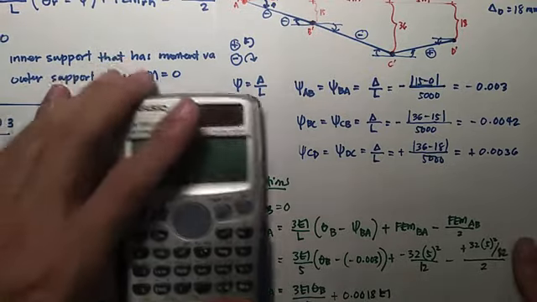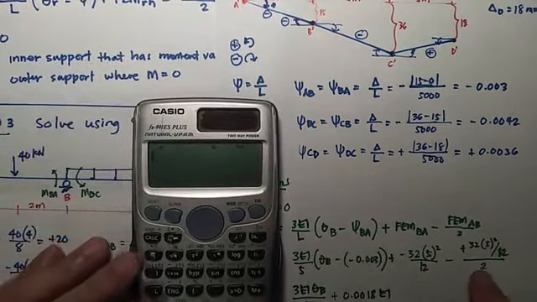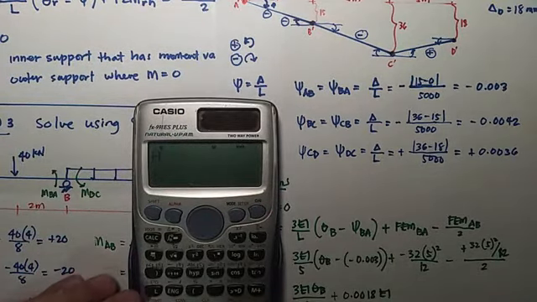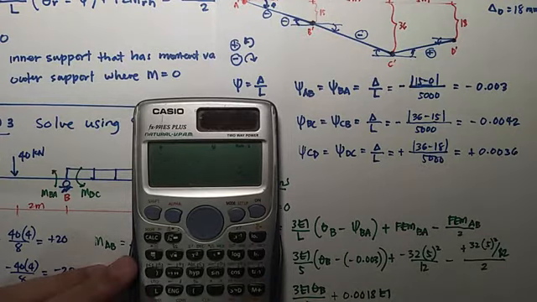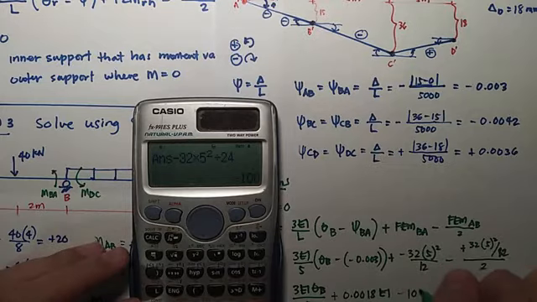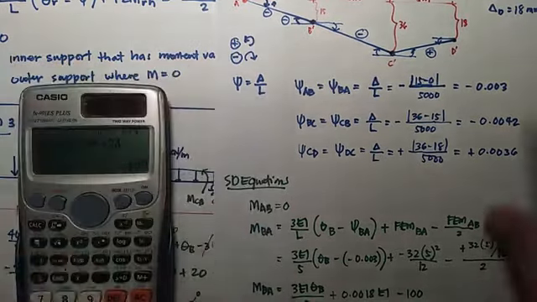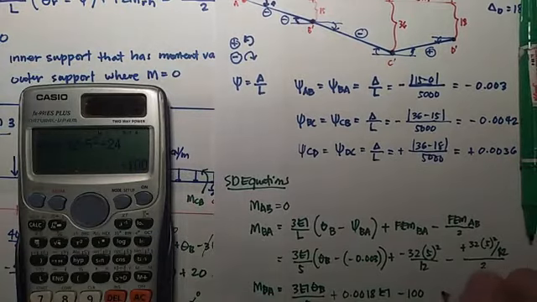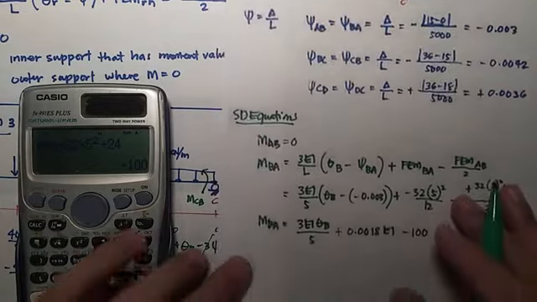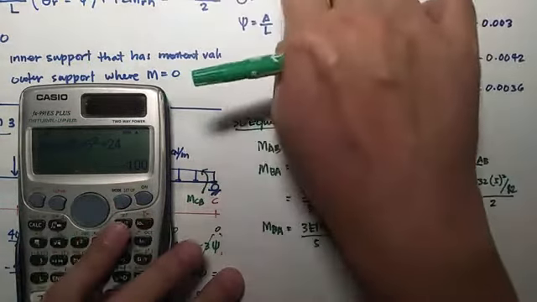Then this one. Okay, so this would be negative 32 times 5 square over 12 minus 32 times 5 square over 24. So that's negative 100. Minus 100. So that is our first equation. Okay. Next. What will be our next equation? So A, B, BA. Tapos na tayo.